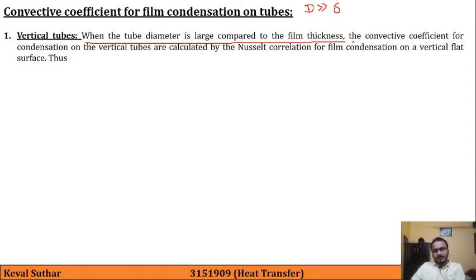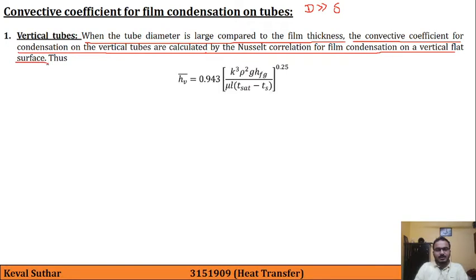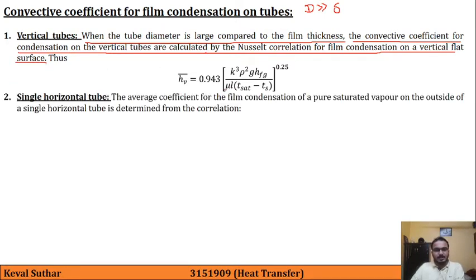the convective coefficient for condensation on vertical tubes is calculated by Nusselt's correlation for film condensation on a vertical flat surface. That is, we will be using Nusselt's correlation, where h bar is given by this formula, which we have already seen.